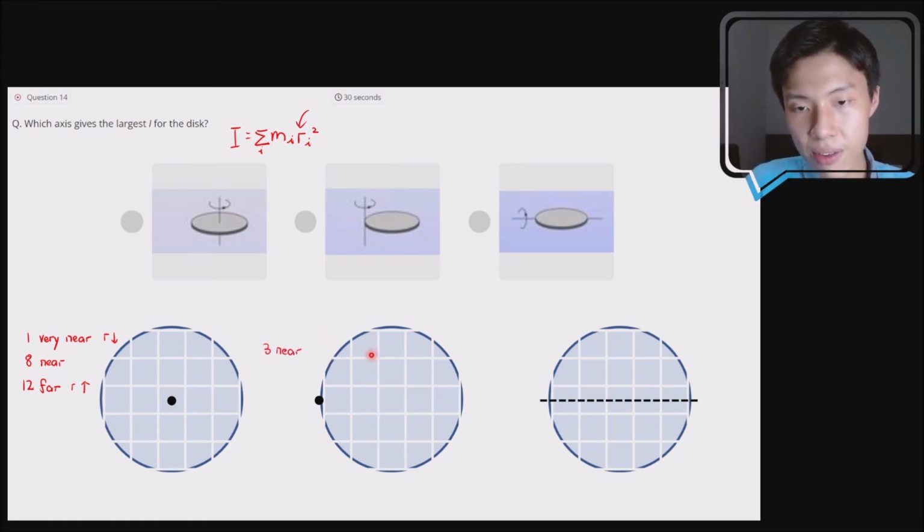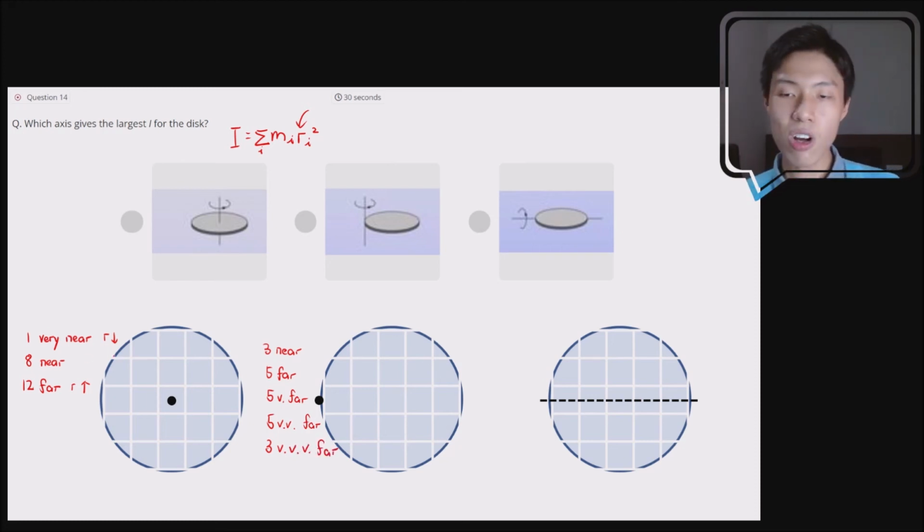Then for the next level, there are 1, 2, 3, 4, 5. We have 5 which are considered far. Then another 5 which are considered very far, and another 5 which are considered very, very far. Then you have another 3 which are considered very, very, very far.